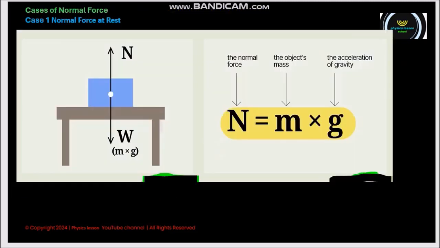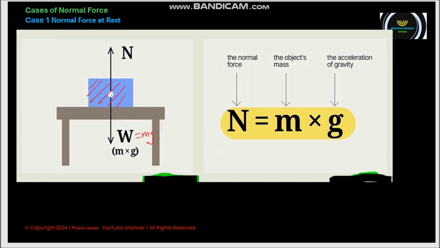Alright, let's see other cases of normal force. Case one, the normal force at rest. At rest means assume this object has its own mass, and due to its mass it has its own weight, which is given by mass times gravity.